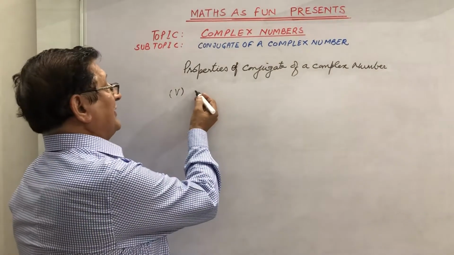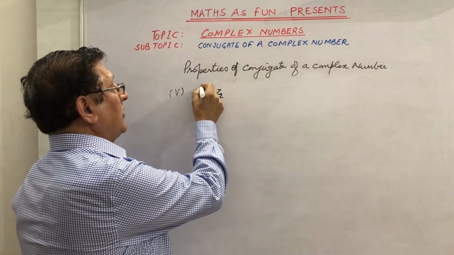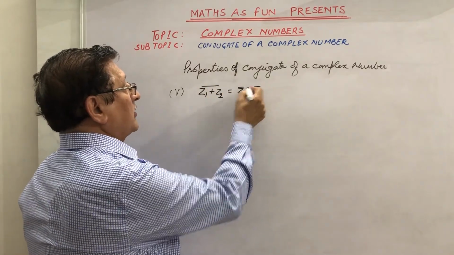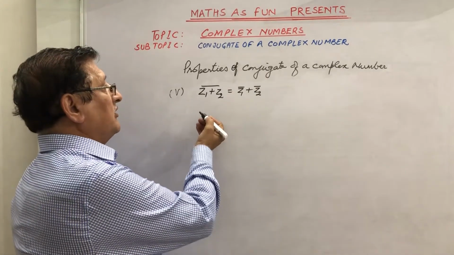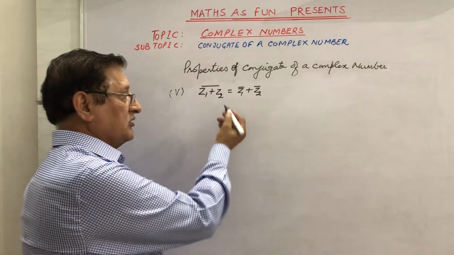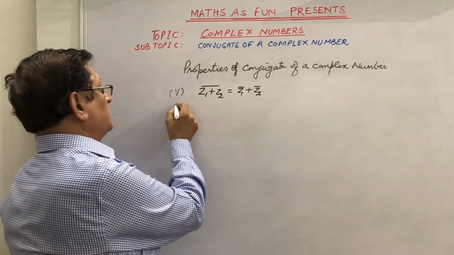The fifth property is the conjugate of z1 plus z2 is equal to z1 bar plus z2 bar. It means if we find the conjugate of the sum of two complex numbers, that is equal to the sum of their conjugates. Let's take the proof of this also.